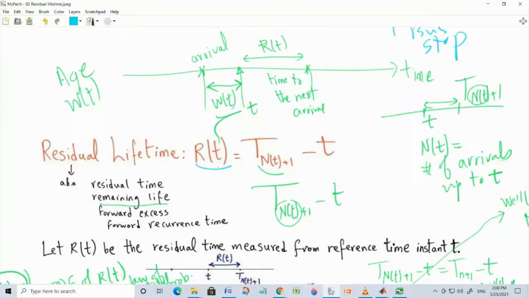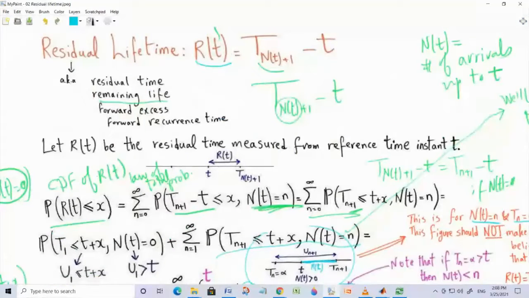If we make R of t dependent on n of t, then there is an answer if n of t is 1, there is an answer if n of t is 2, there is an answer when n of t is 3, and so on. But we sort of average over all possible answers.